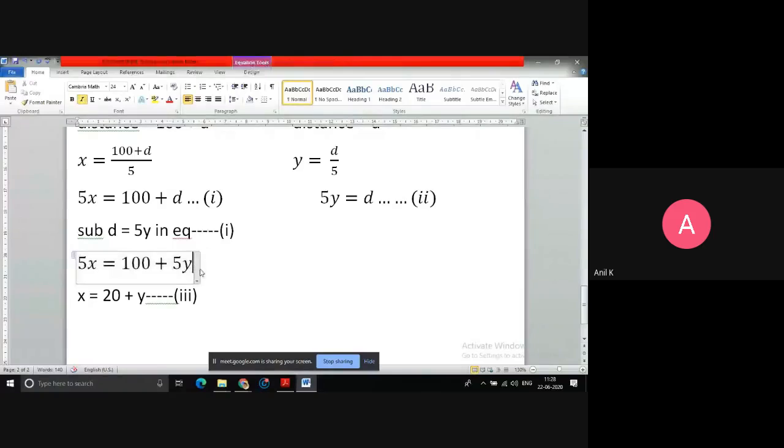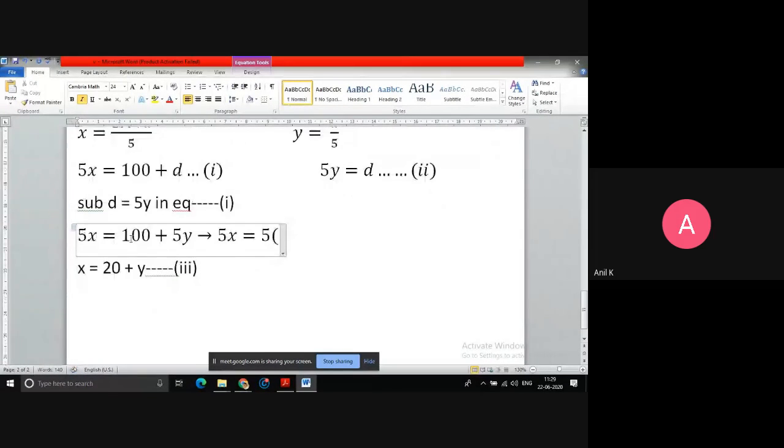Or maybe, if you want, let me put the arrow mark here. You can take 5 common from both the terms, so it can be written as 5 times 20 plus y.